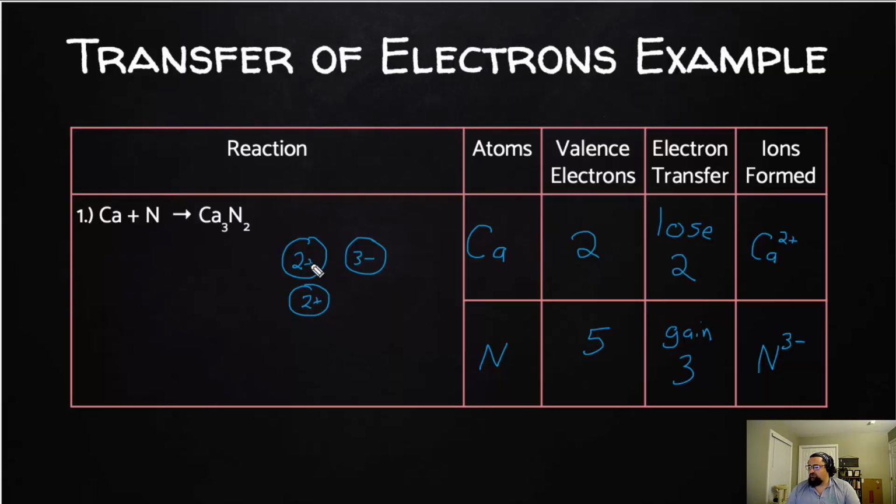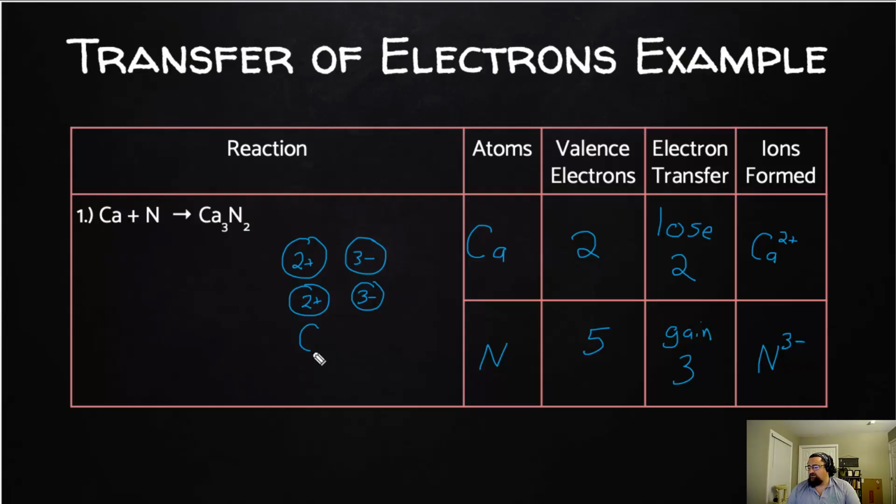Well, now our total positive is 4 plus, and our total negative is only 3 minus. We need more negative now, right? Because there's 3 negatives and 4 positives. So we add another negative, 3 minus. Now we have 6 total negative, but only 4 positive.